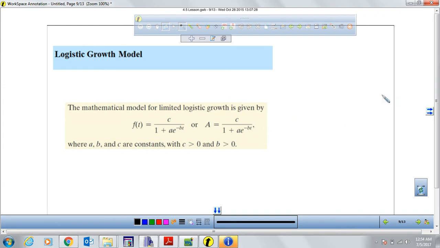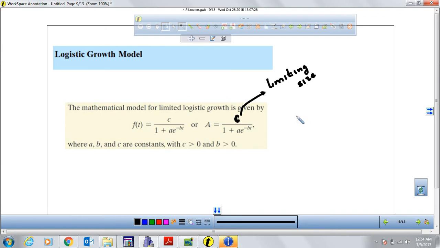There's one little thing that I want to mention on this model that is important. The C on the numerator right here represents what we call the limiting size. The limiting size basically means the maximum amount that that model can hold.